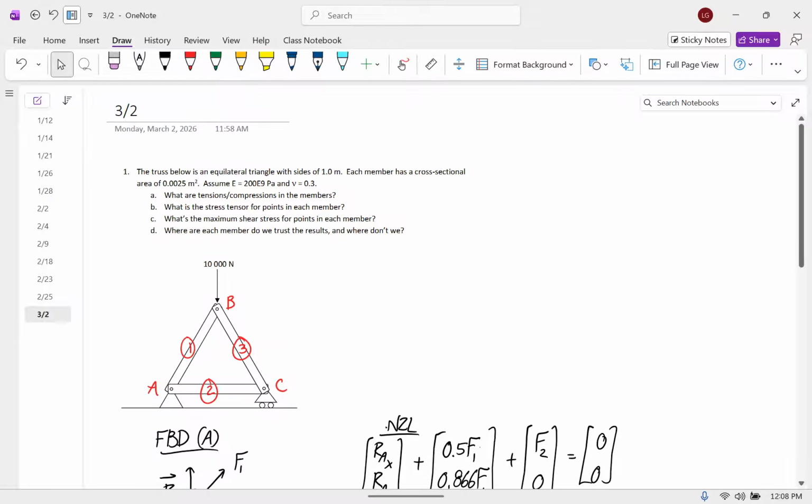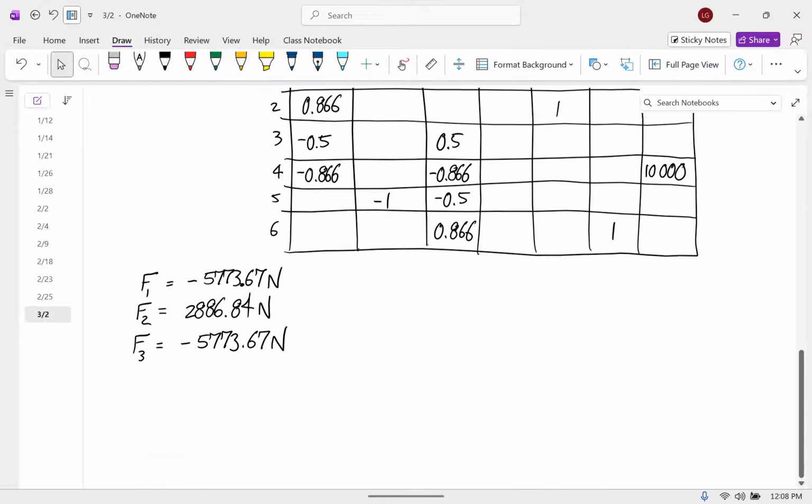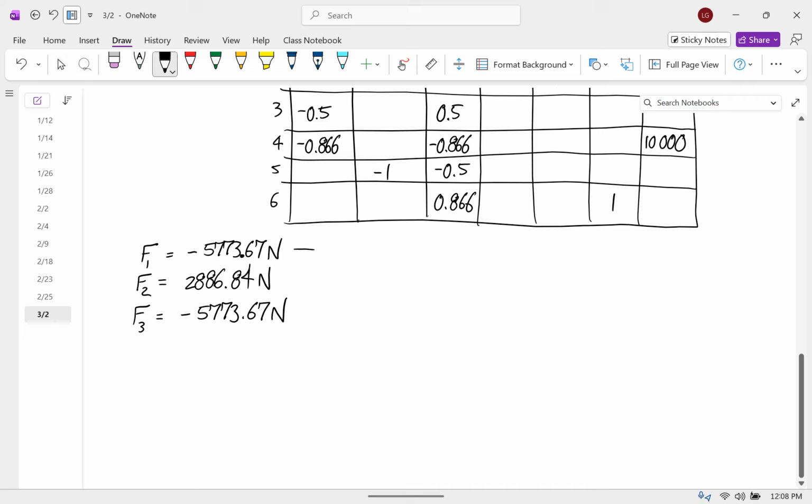And then tensions and compressions. So member 1 is in tension with a magnitude of 5773.67.